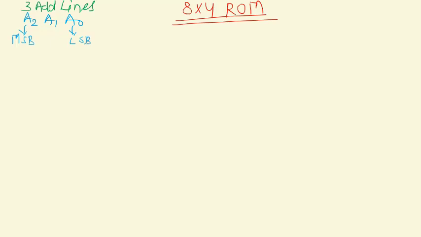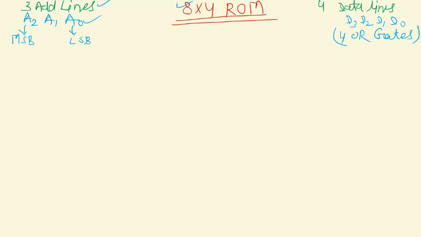And how many data lines are there? 4 data lines, which can be represented as D0, D1, D2, and D3. Or we can say there are 4 OR gates. And there are 8 locations.